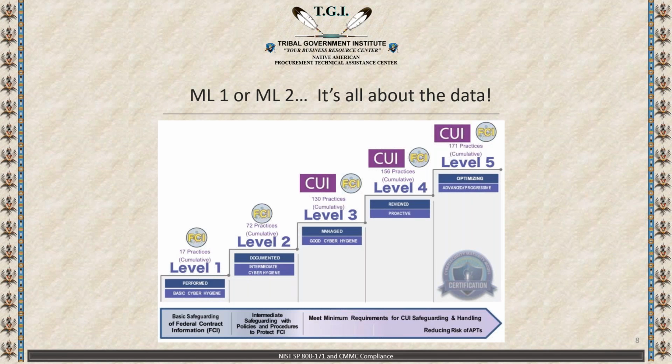If you are doing DFARS 7012 right now, you need to laser focus on NIST 800-171 and those 110 practices. And one last thing here, I recommend that you strive to reach CMMC maturity level 3 because it will be a competitive advantage and minimize the number of DoD contract opportunities that are out of reach.